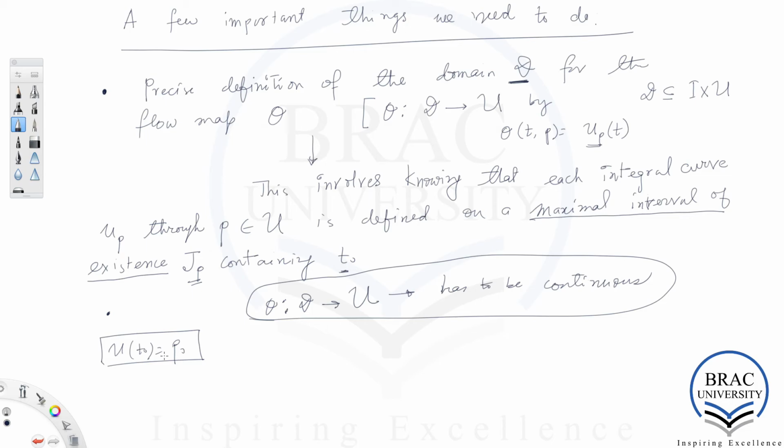Okay, and these results need to be stated in order to prove the continuity of this flow map. Okay, we'll state all these results. On some occasions I'll sketch the proofs.